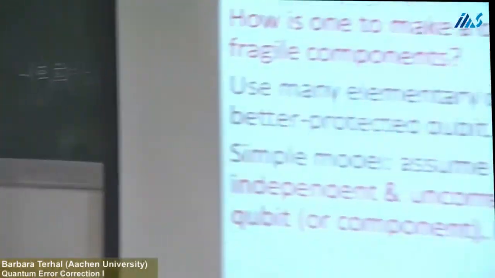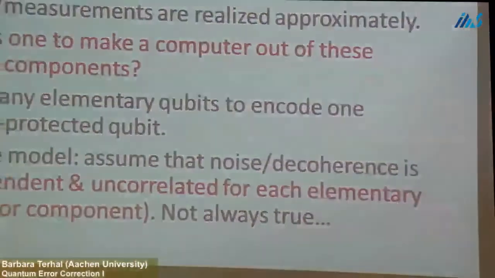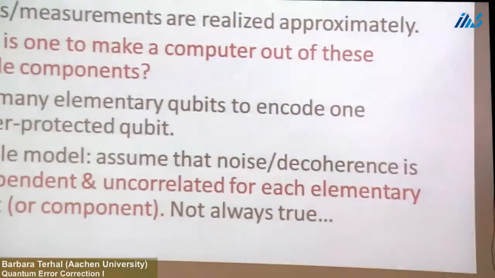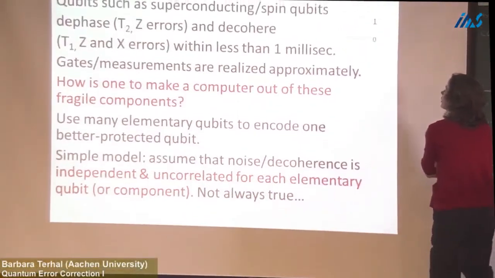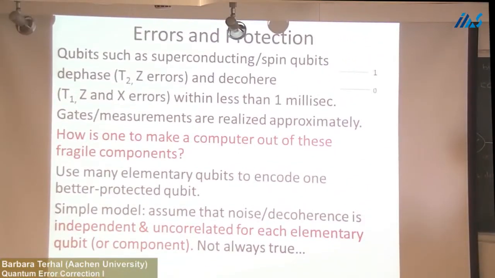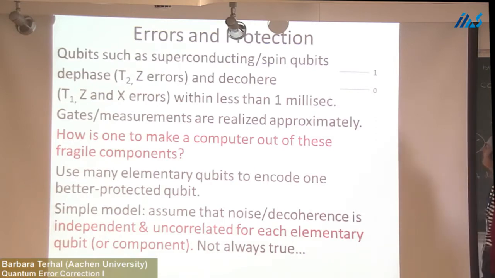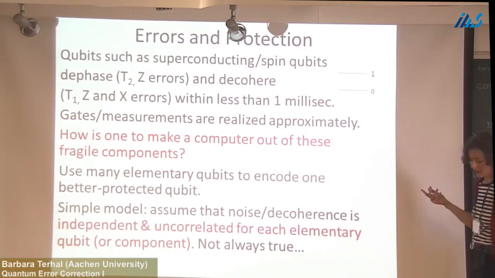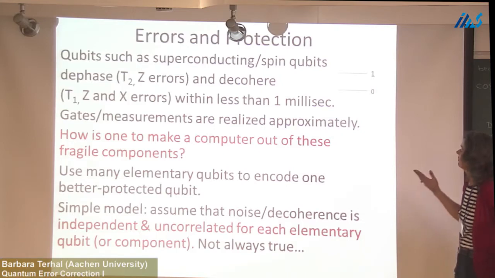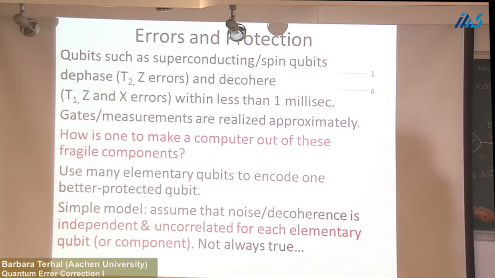So now, what about errors? Some general comments. Quantum error correction was developed because it was quickly foreseen that if we imagine using very basic quantum degrees of freedom, like an electron spin, or the polarization state of a photon, or a superconducting qubit, these are very fragile components because they're very small.